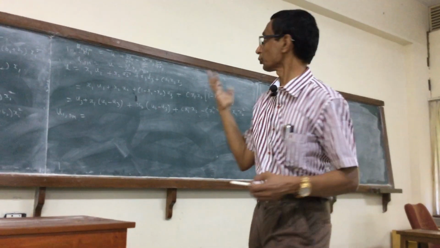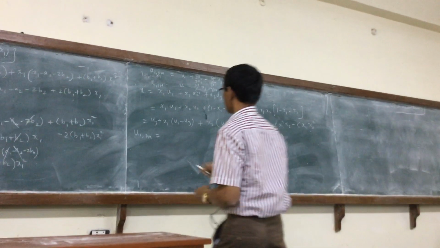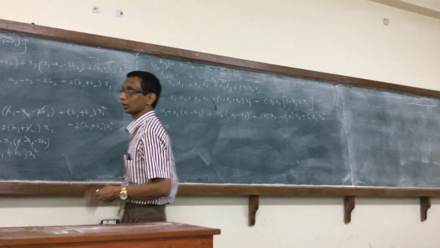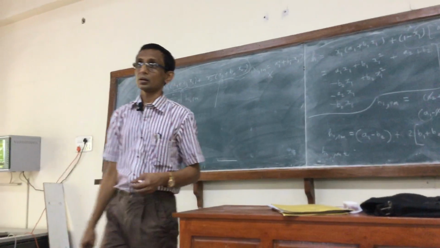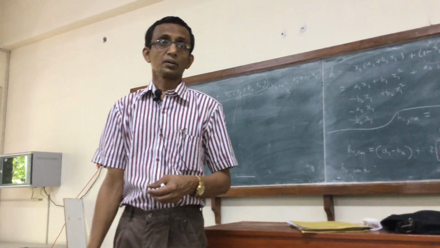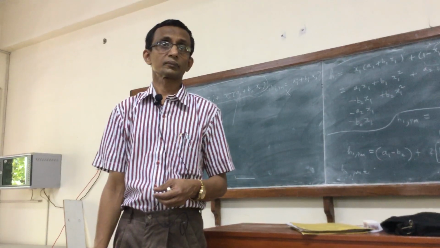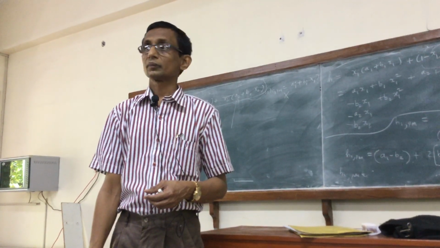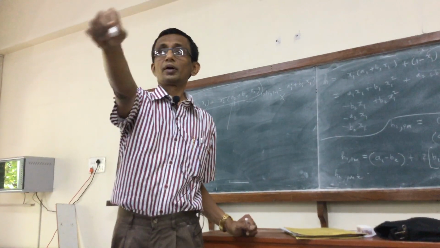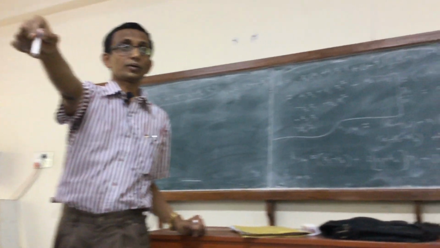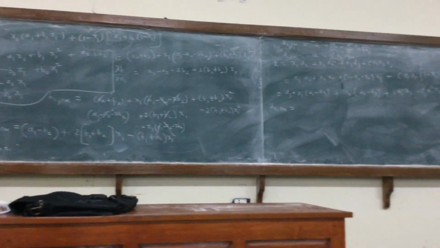Can someone come to the board and write what would be u1 pm in this case? This is now a ternary mixture. Ravi, when you come to the board and write, you just have to read off that from that formula.